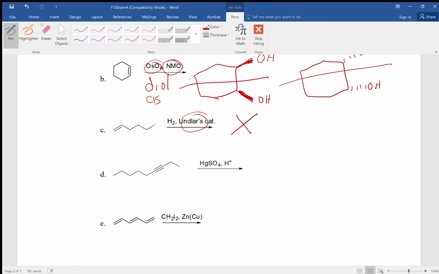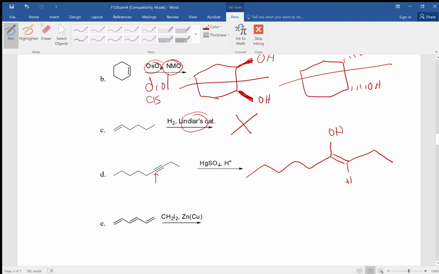Part D is our oxymercuration of an alkyne. Oxymercuration is another hydration type reaction that adds water across the alkyne. It adds to the more substituted carbon, which would technically be that one. It adds a hydrogen to the other carbon.